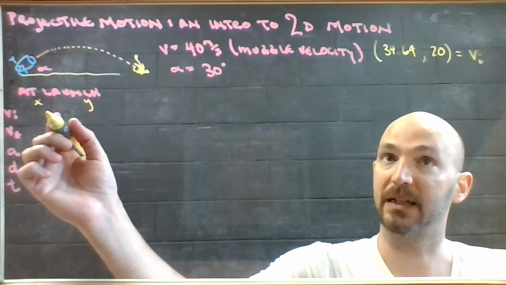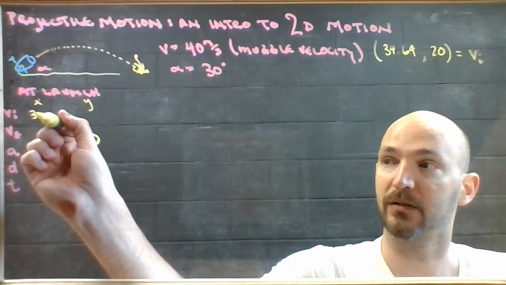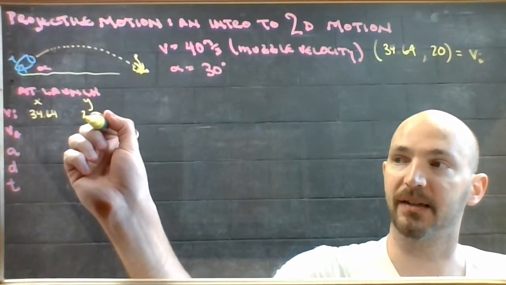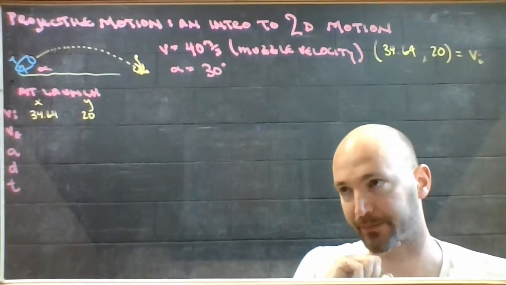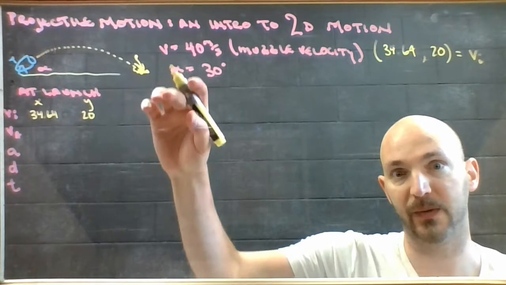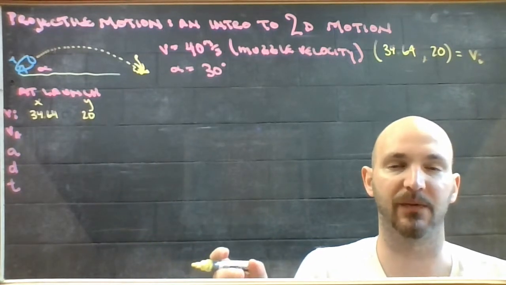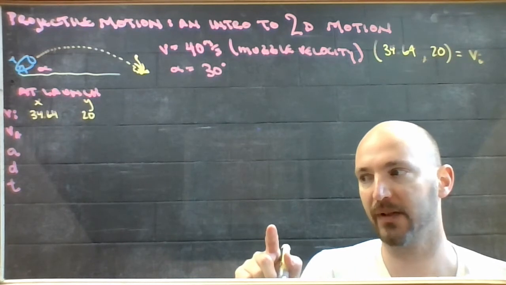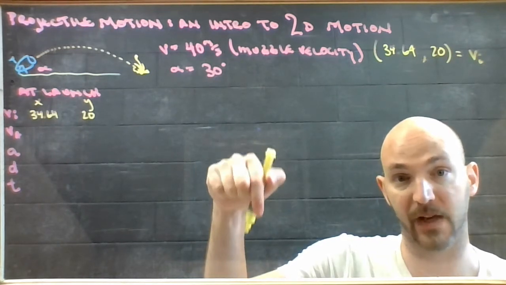My initial speed in x is 34.64. My initial speed in y is 20. If this thing is flying through the air, then it's under the influence of gravity. And if you ask yourself about the components of gravity, gravity accelerates downwards at negative 9.8.